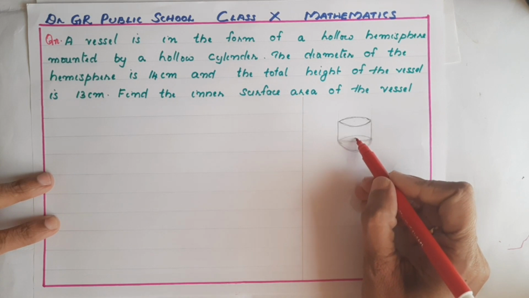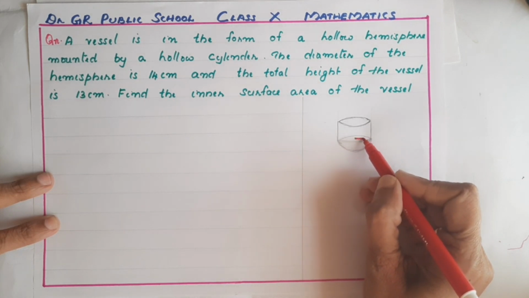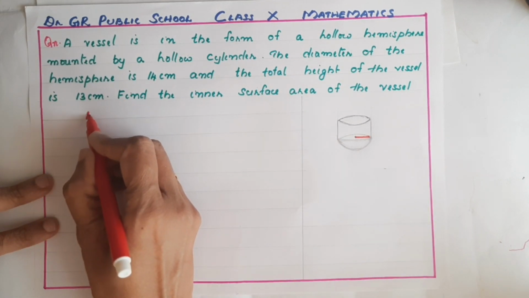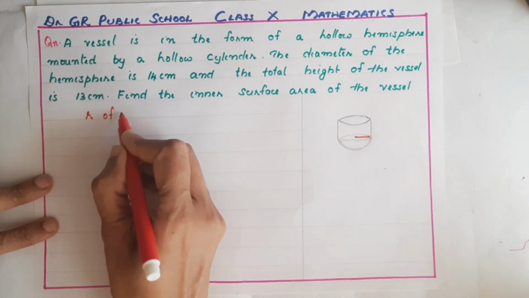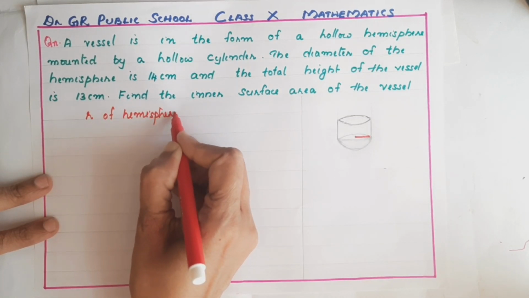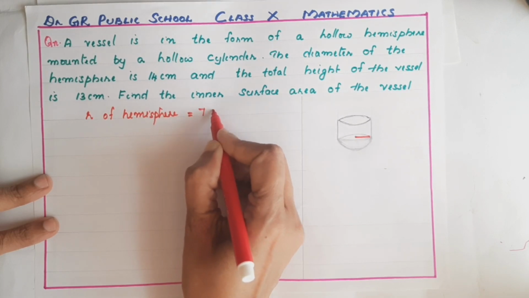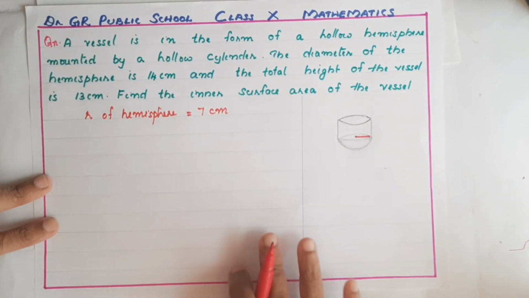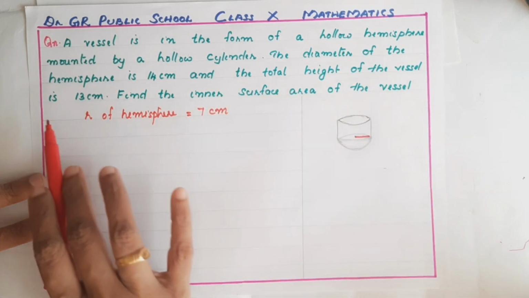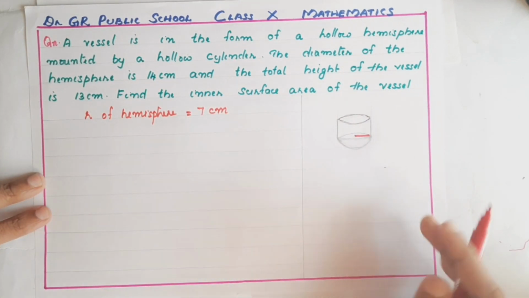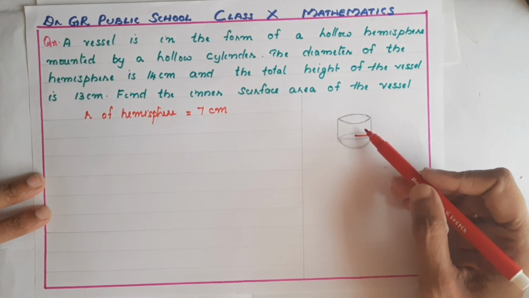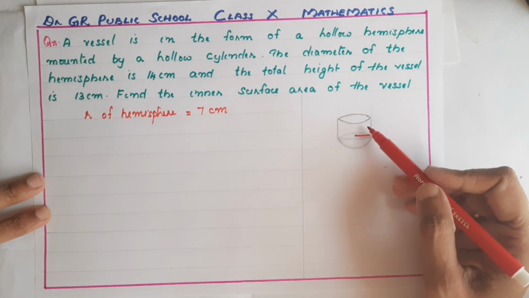So what is its radius? It is 7 centimeter. So radius of hemisphere is equal to 7 centimeter. Then the total height of the vessel is 13 centimeter. The vessel is a combination of hemisphere and a hollow cylinder.